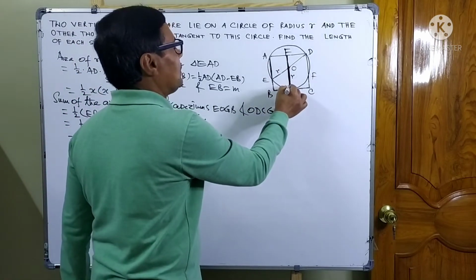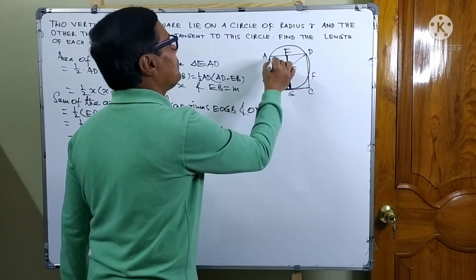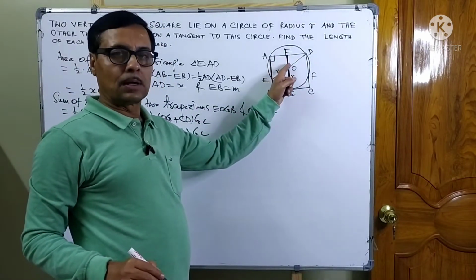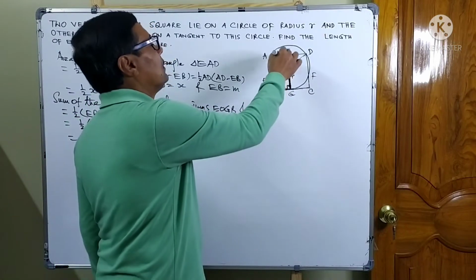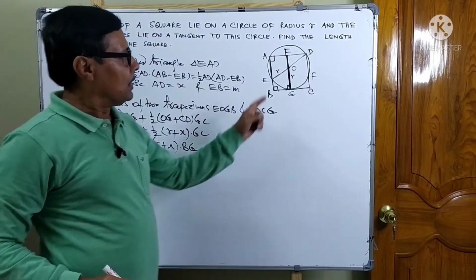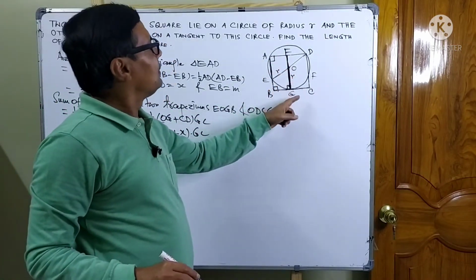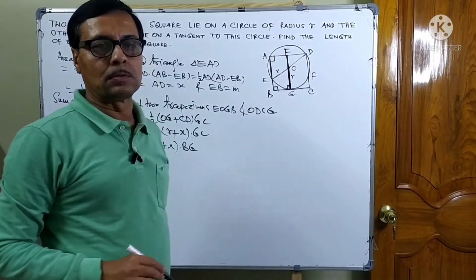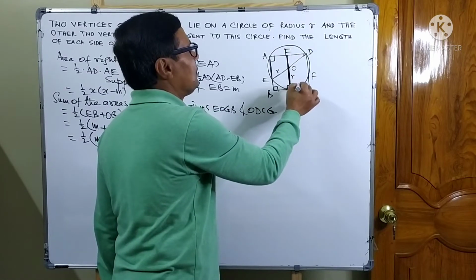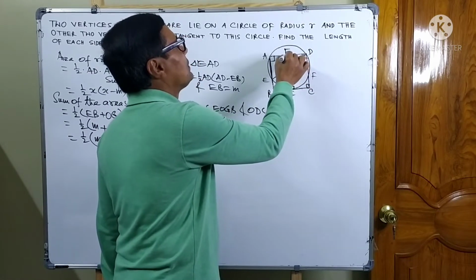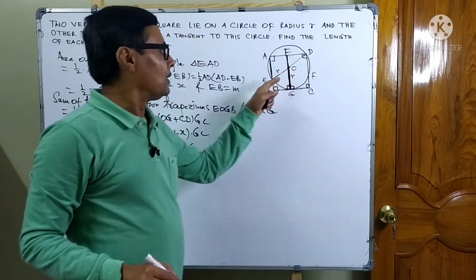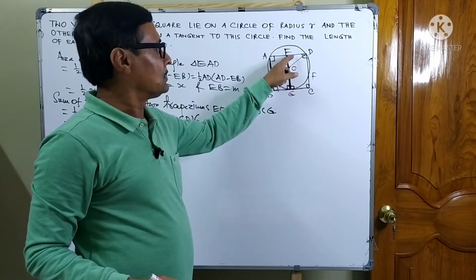Here this angle is 90 degrees, this is 90 degrees, this is 90 degrees, this is 90 degrees. So, obviously, this is a rectangle. So, FG equal to AB and BG equal to AF, and by the same logic GCDF is also a rectangle, because all angles are 90 degrees. So, this is also a rectangle, and these two sides are equal and these two sides are equal.